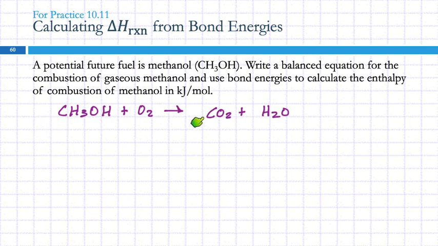I've got one carbon and one carbon. I have 4 hydrogens here and 2 there. So I can put a 2 in front of that and get 4 hydrogens. And I've got 2 oxygens plus 1 and 2 oxygens plus 2. So I'm going to need 1 more oxygen, but they're coming in pairs.